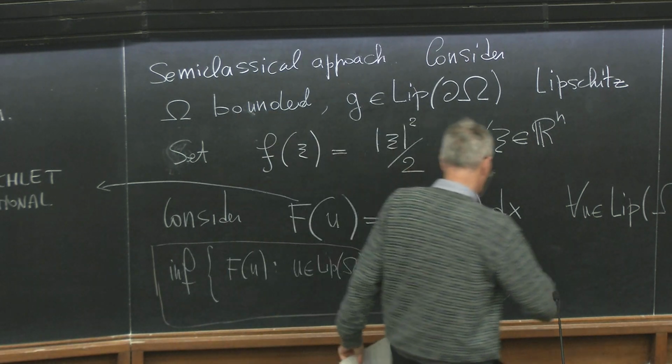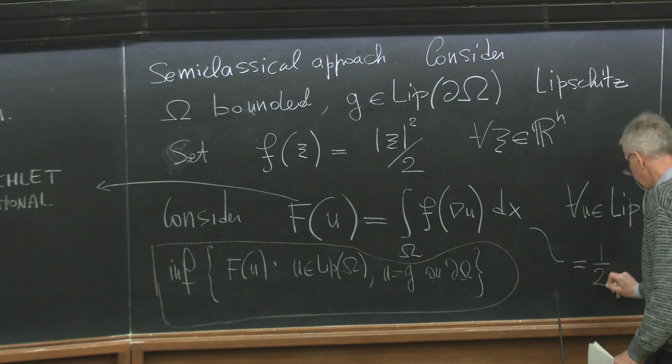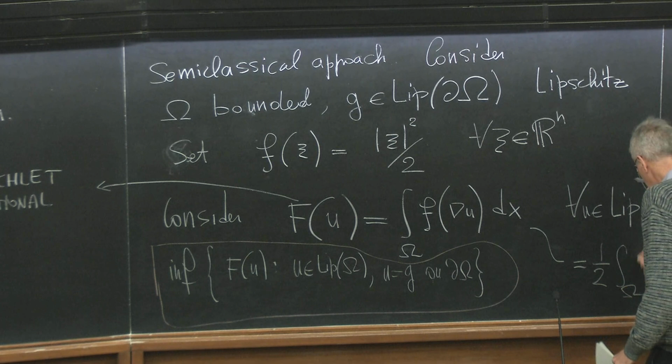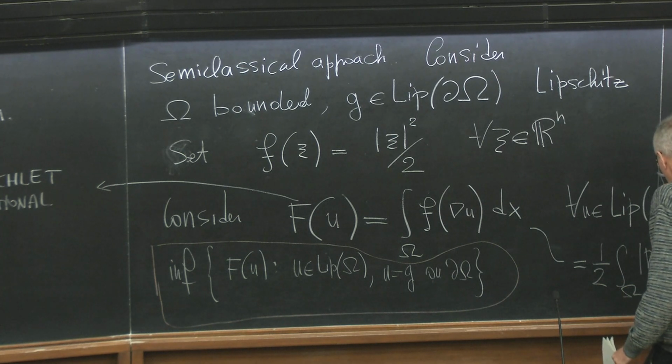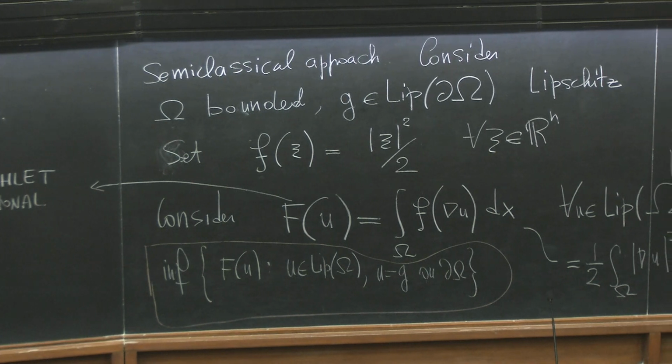Okay, the Dirichlet energy, of course, you can see, is 1/2 integral of grad u squared dx.